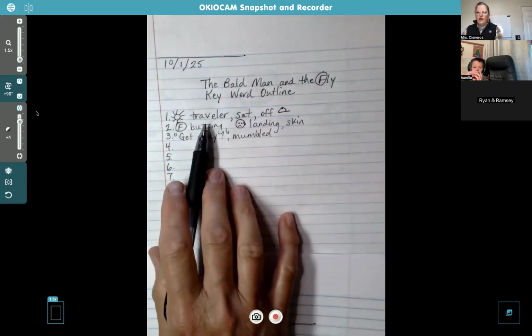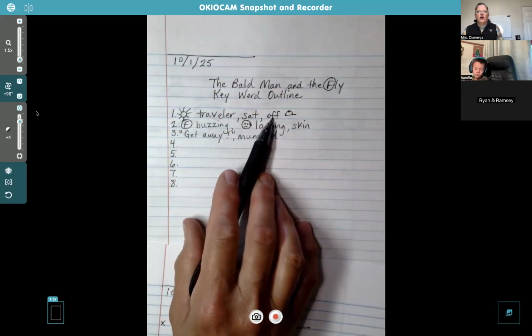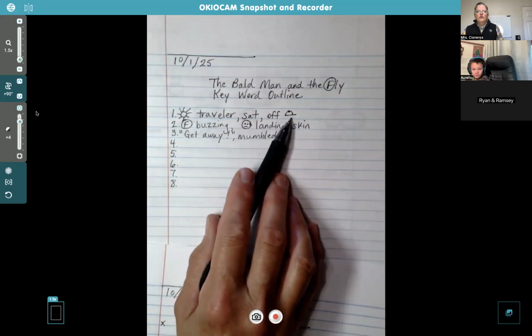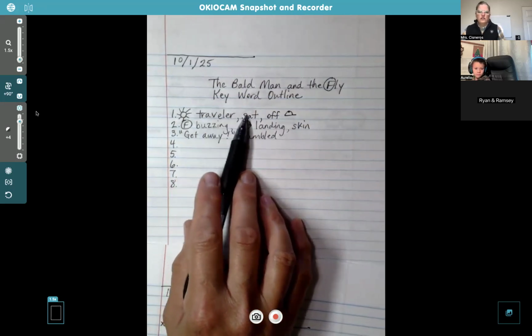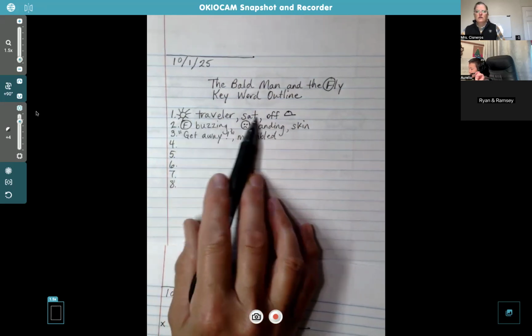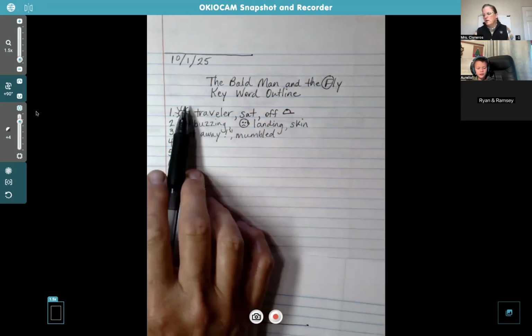On your outline, you have a sun, traveler, sat, off, hat. So Oreo, what can we do with that? Don't look at the original, just look at your outline. What is a good sentence using those words and symbols? Just looking at number one.